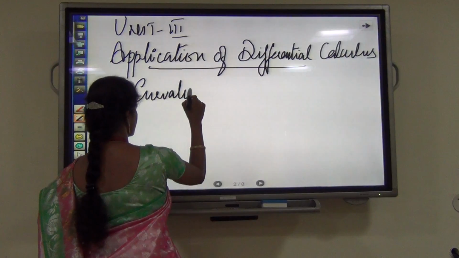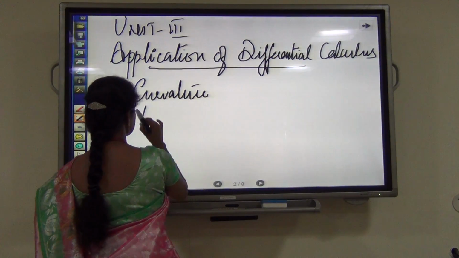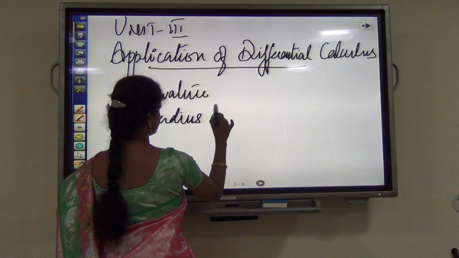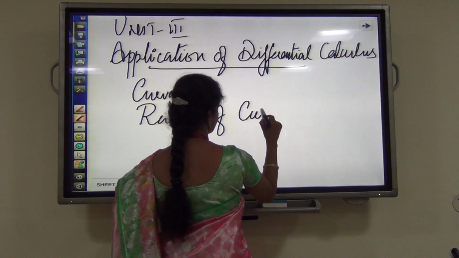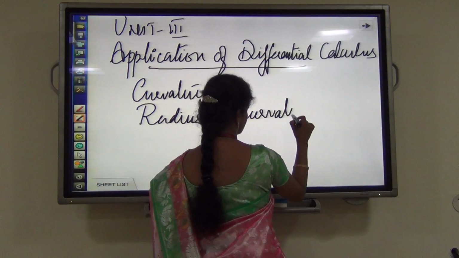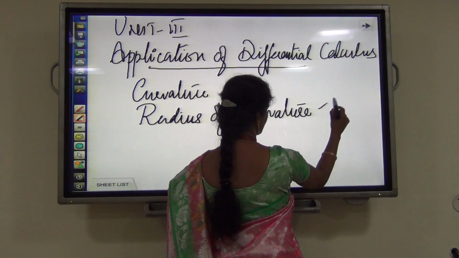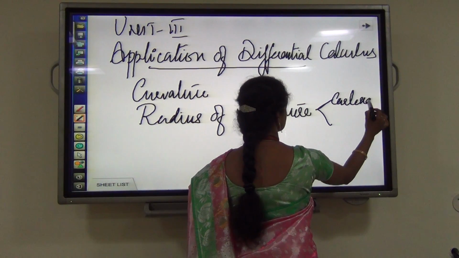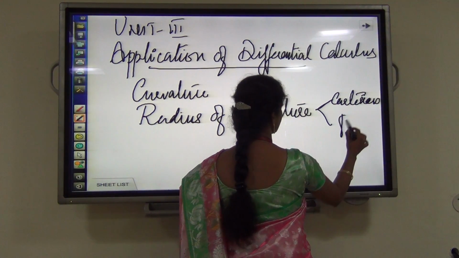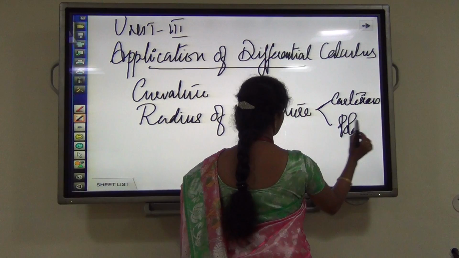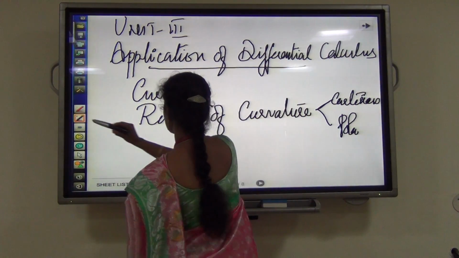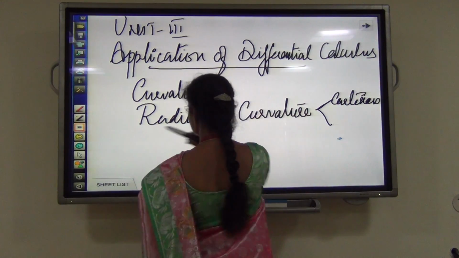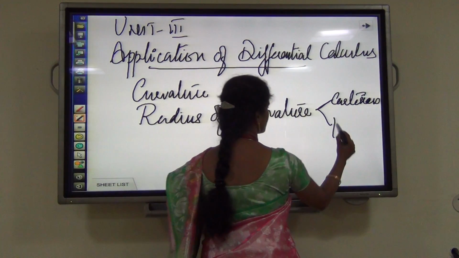We start with curvature, radius of curvature. Here we will study in Cartesian form, and also in polar and also in parametric form.